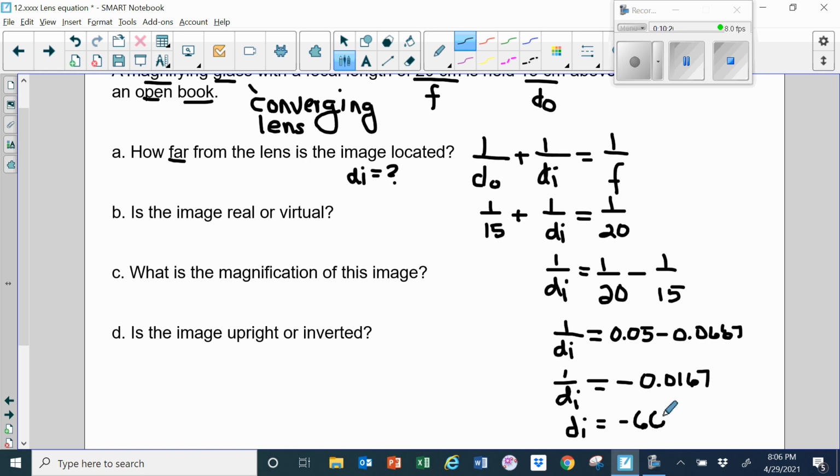Now here's where I bring the centimeters back in. 60 centimeters. So how far from the lens is the image located? What is DI? Well, DI is 60 centimeters.